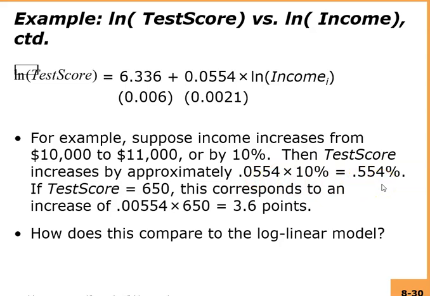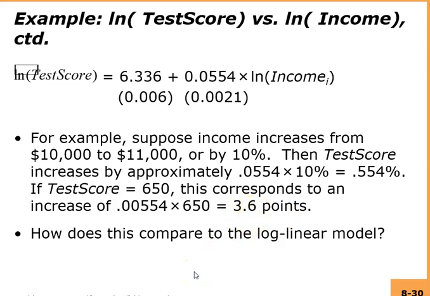So if the initial test score at the average income of 10,000 was 650, then it would mean that the test score will increase by 0.554 percent, which will give us the change in test score of 3.6 points.